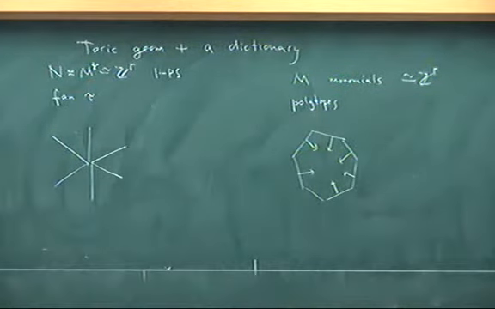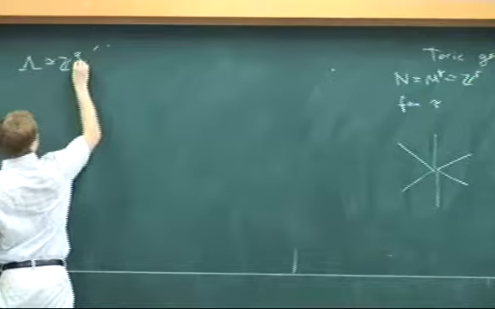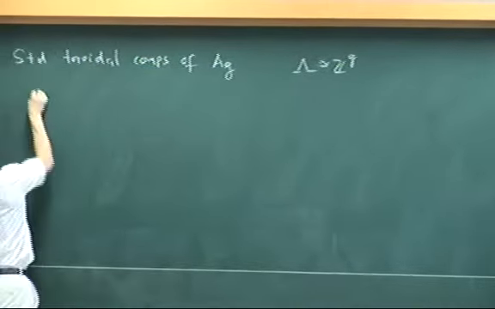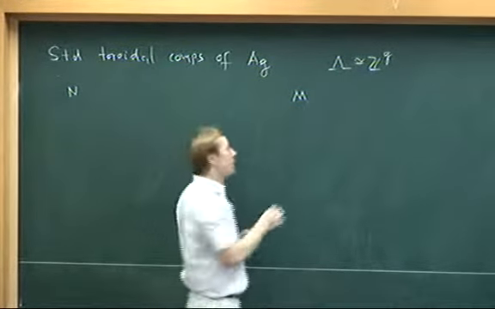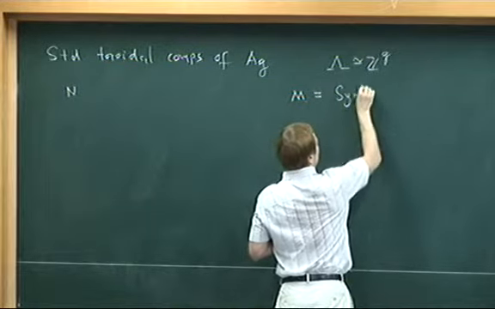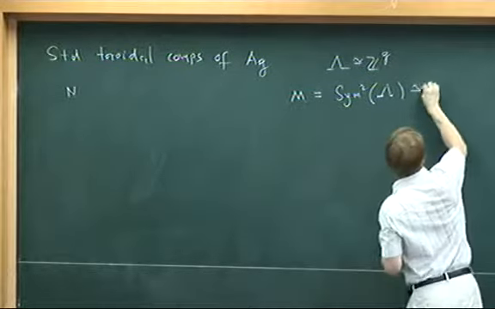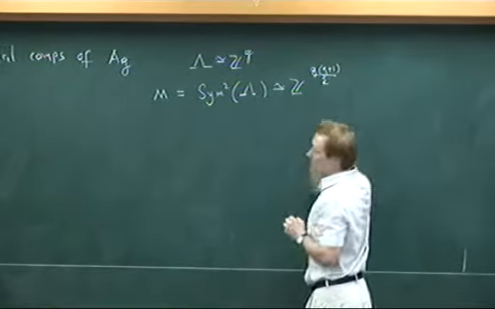Now, in this theory of toroidal compactifications of AG, first you begin with the lattice lambda, which is Z to the G. Then you define these two lattices, N and M. M is the second symmetric square of lambda, so it's isomorphic to Z to the power G(G+1)/2.